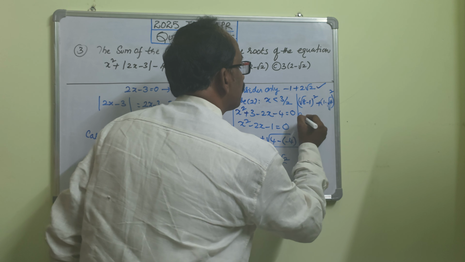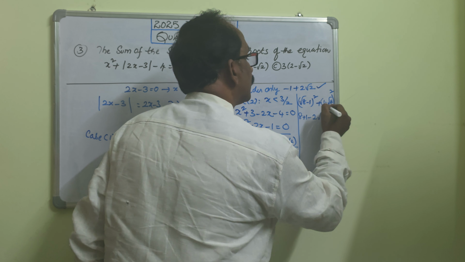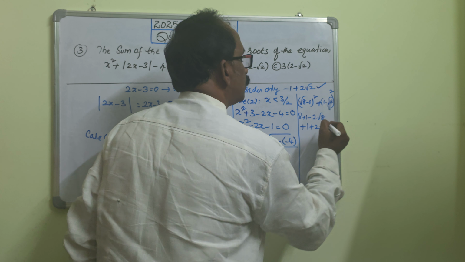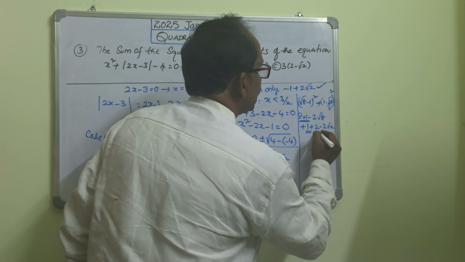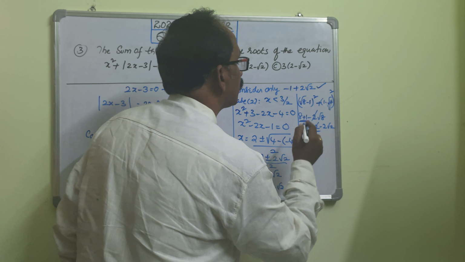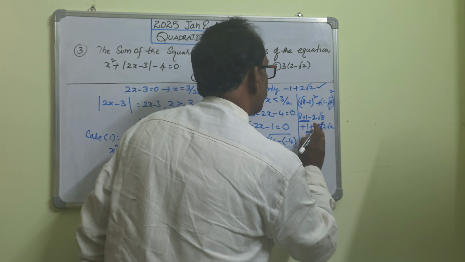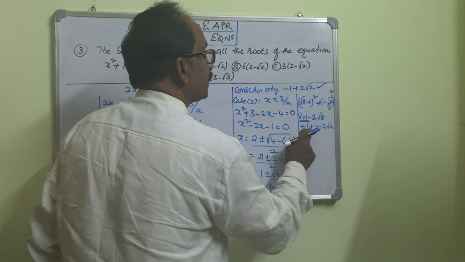So 8 plus 1 minus 2 root 8, plus 1 plus 2 minus 2 root 2. Now 8 plus 1 is 9, 9 plus 1 is 10, 10 plus 2 is 12.